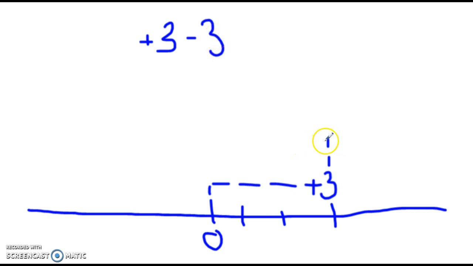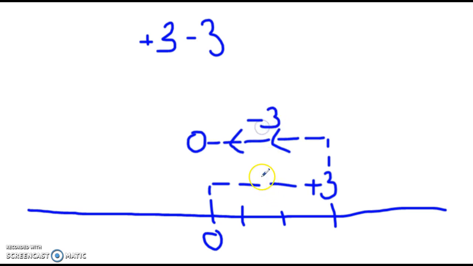Minus means I move to the left. 1, 2, and we arrive back at 0. I'm going to draw some arrows in there because I moved 3 spaces both times. And we can see how that brought us back to where we originally began.